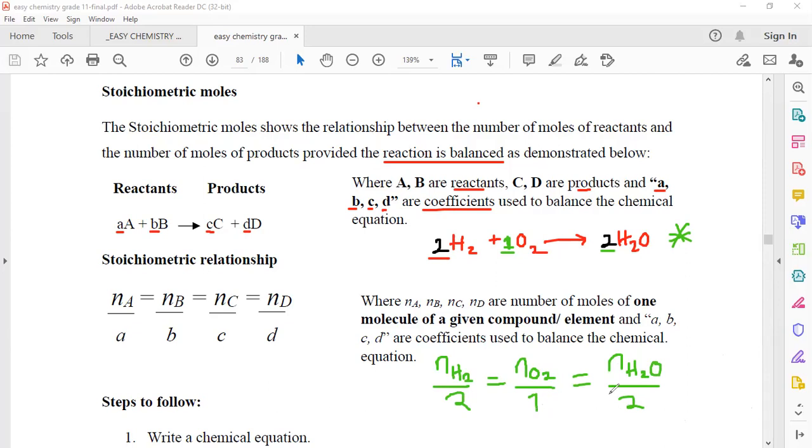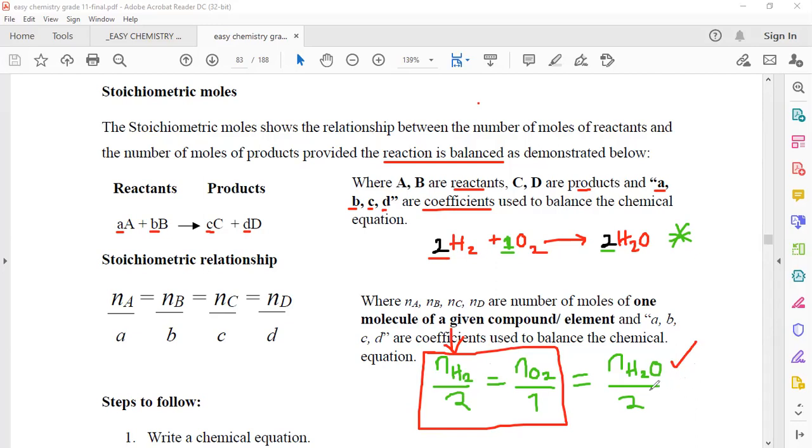We can use this relationship to help us determine the number of moles of any of these reactants or products. For instance, if I am given the number of moles of hydrogen, I can use the relationship between hydrogen and oxygen to find the number of moles of oxygen. I can also link hydrogen to water and find the number of moles of water.